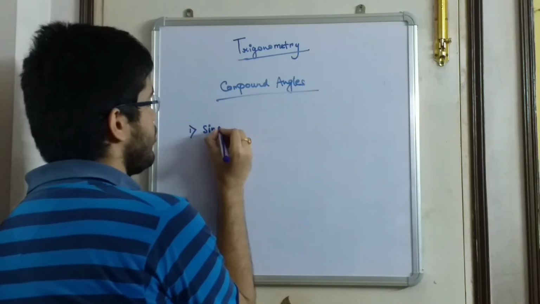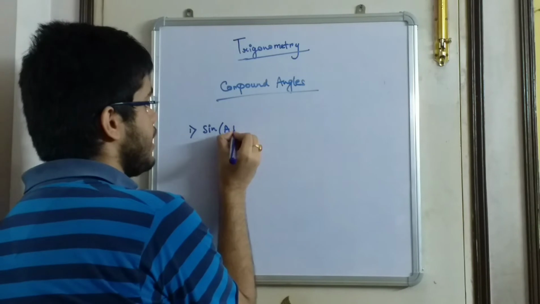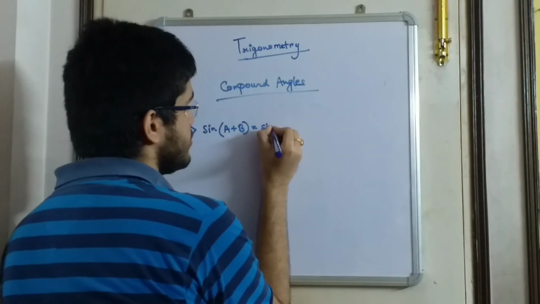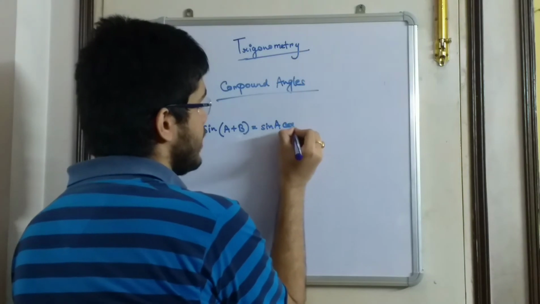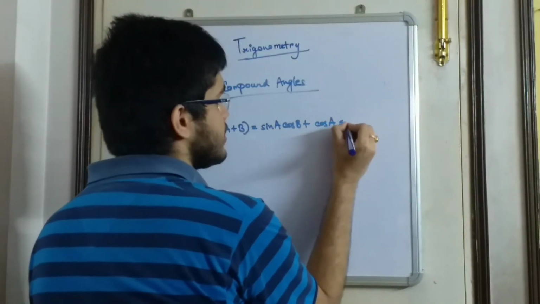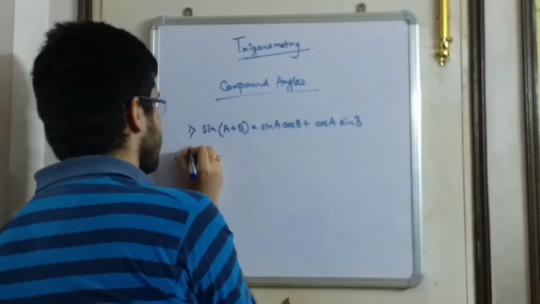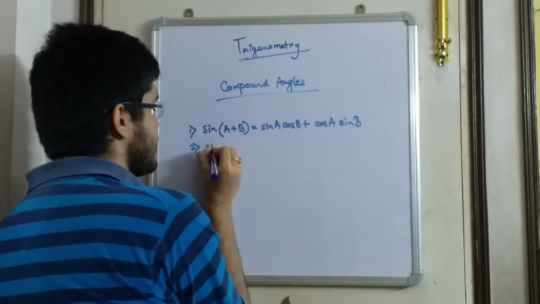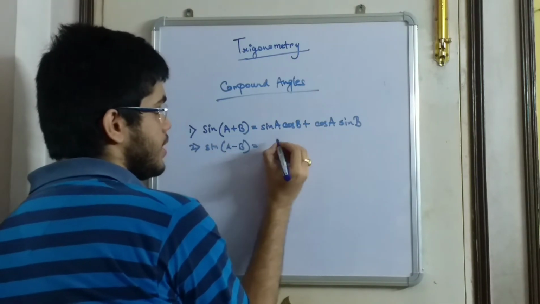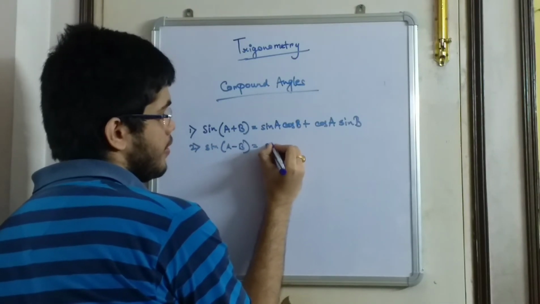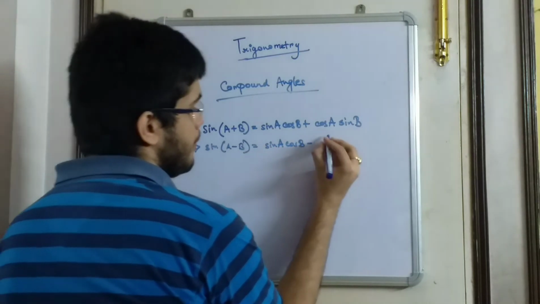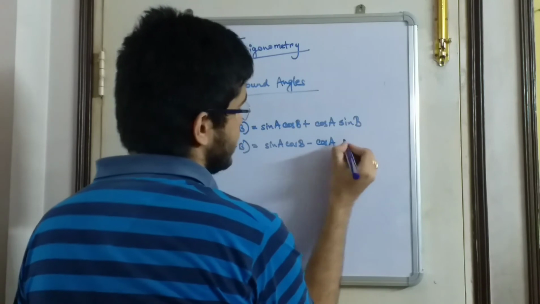These are the important formulae here. Sine of a plus b is equal to sin a cos b plus cos a sin b. Sine of a minus b is equal to sin a cos b minus cos a sin b.